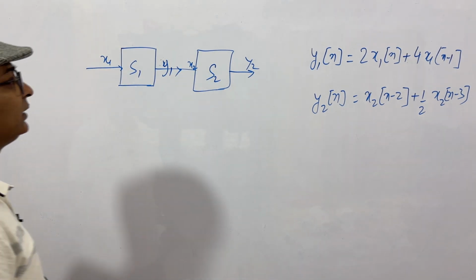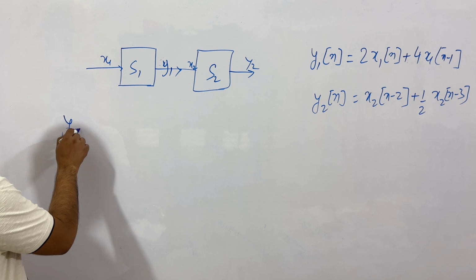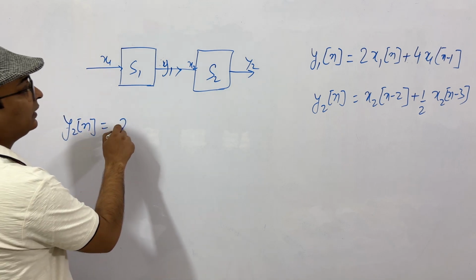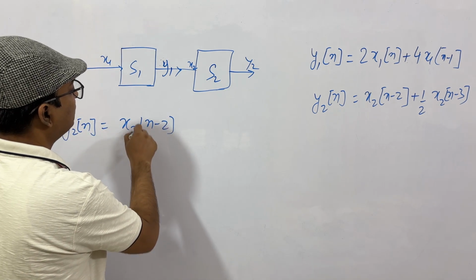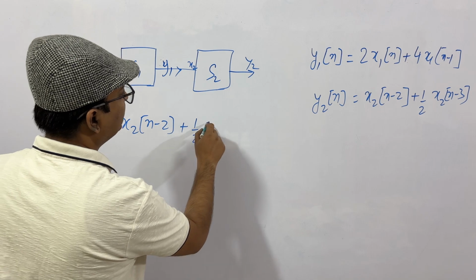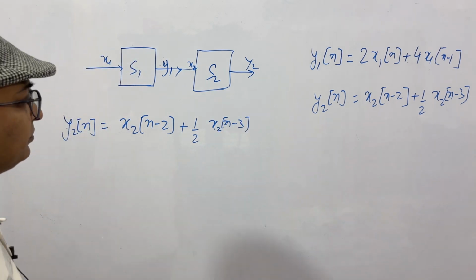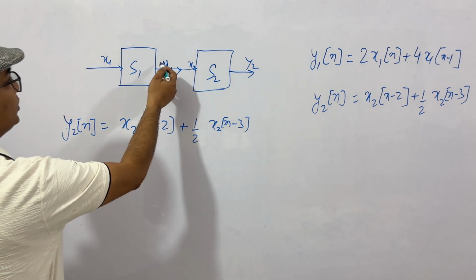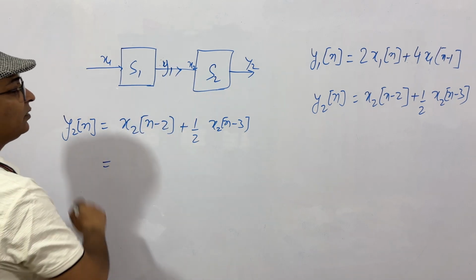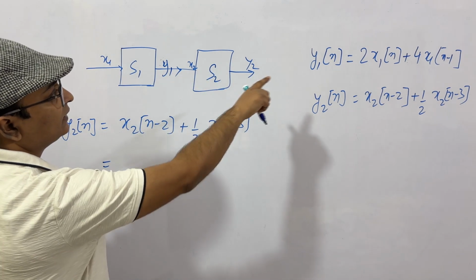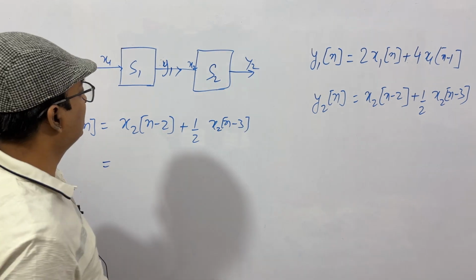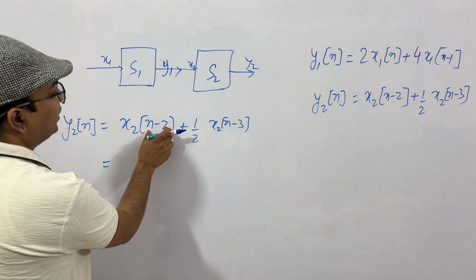Okay, so let's see. y2[n] is given as x2[n-2] plus half x2[n-3]. But x2 is what? x2 is basically y1. And what is y1? y1 is 2x1[n] + 4x1[n-1].